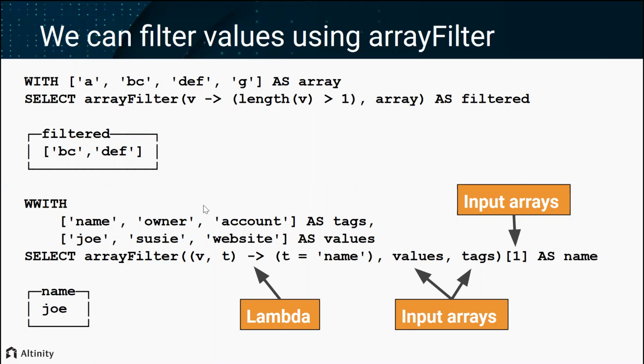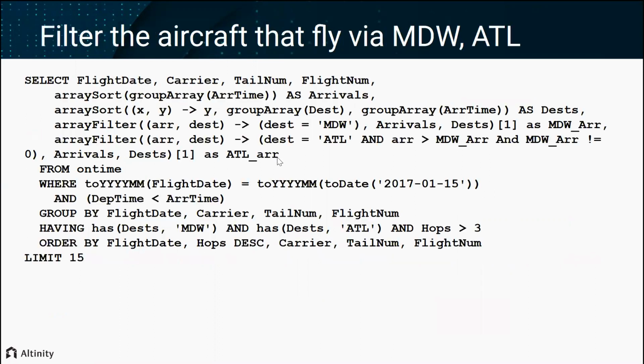So with the array filter, we can now begin to add some additional information. What we're going to do is use the array filter, and we're now going to look through our destination array as well as our arrivals, and we're going to look first of all to find, okay, is one of these destinations MDW? So that's the first thing we want to know. Did they fly to Midway?